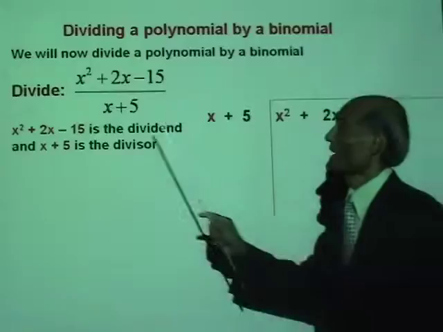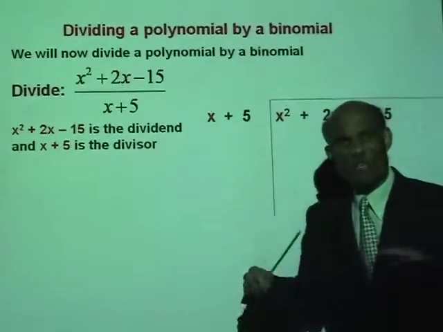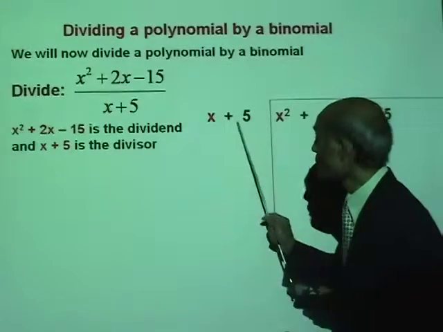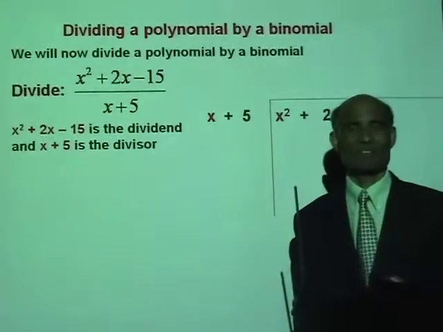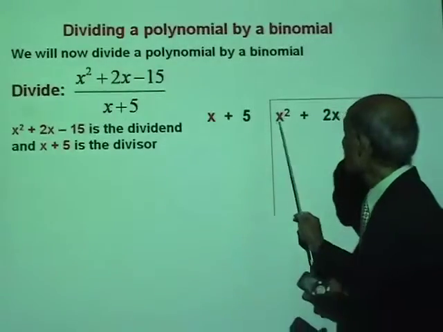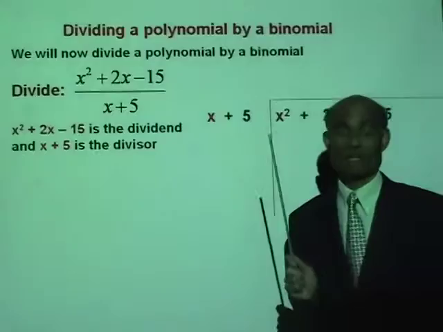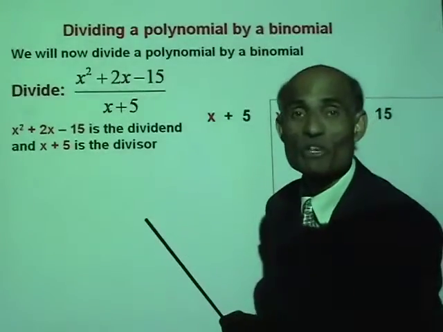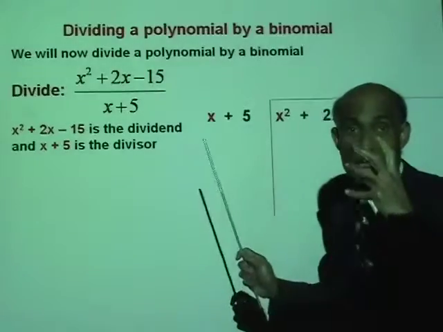Alright. X squared plus 2x minus 15 is called the dividend, and x plus 5 is the divisor. Okay, so this is the dividend and this is the divisor. Now what we are going to do is, we are going to look at the first term of the dividend to start with.